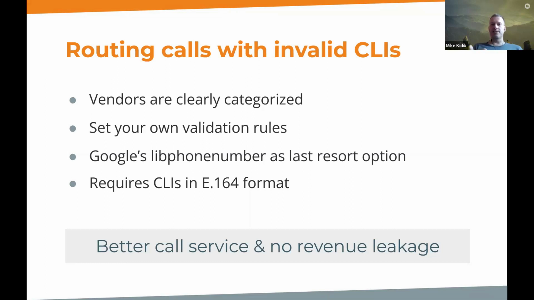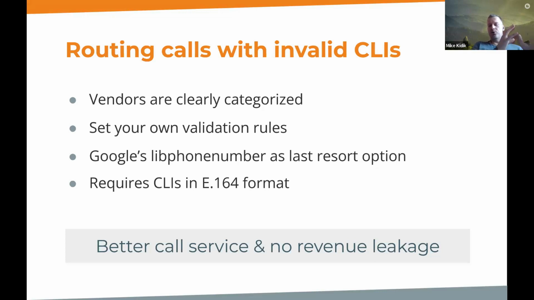So when CLI validation kicks in, call screening kicks in, and some other features which are based on the CLI kick in, they would handle the phone number in an already proper format. Also, for Google libphonenumber to do the proper validation, the number has to be in a recognizable format.